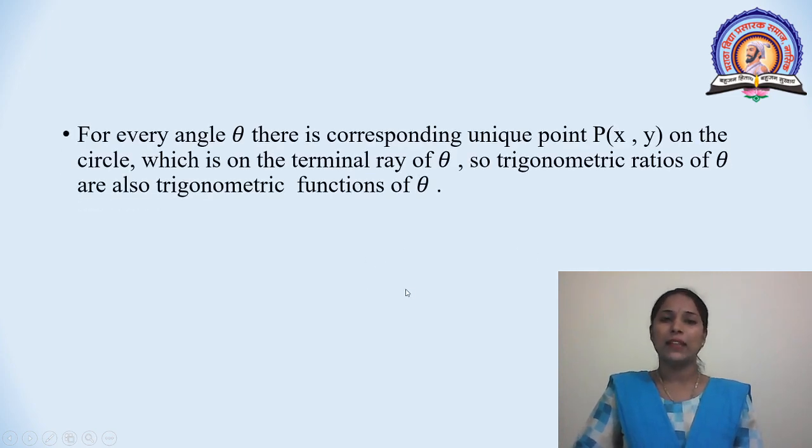For every angle theta, there is a corresponding unit point P of xy on the circle, which is on the terminal ray of theta. So the trigonometric ratios of theta are also trigonometric functions of theta.